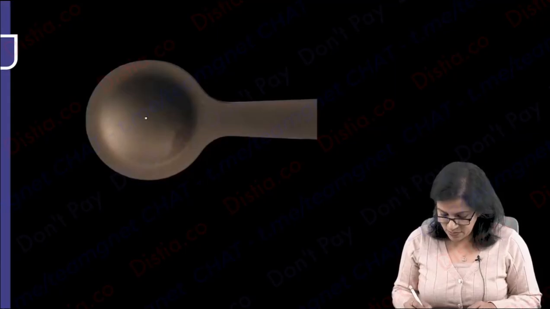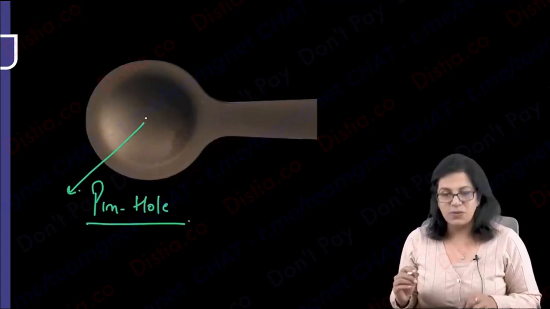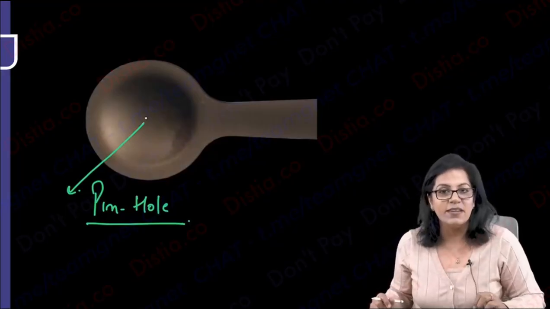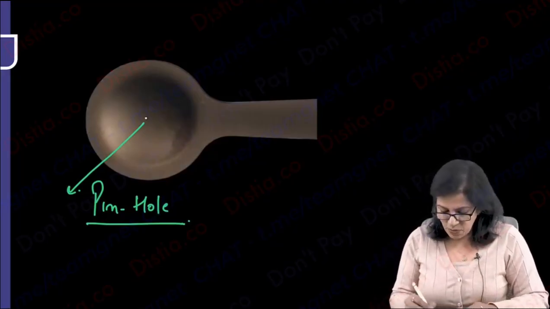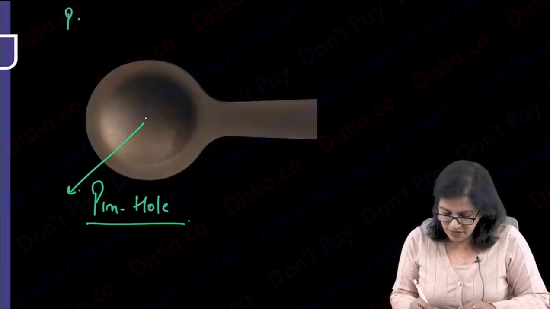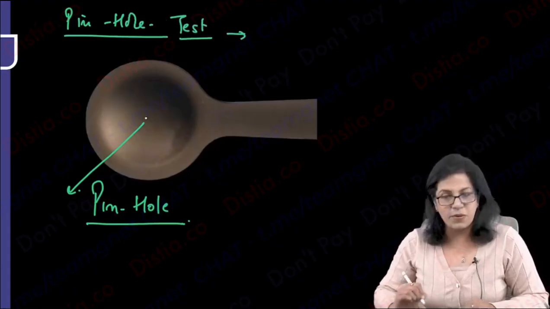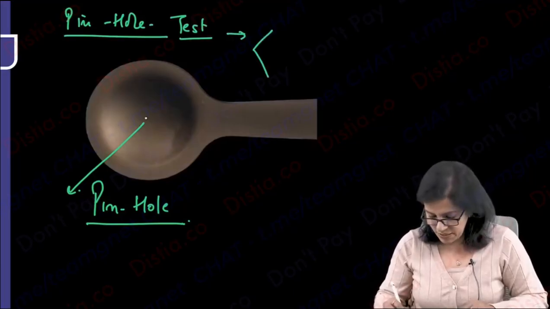You can see the small opening in this black occluder. So this is not an occluder, this is a pinhole. What is the pinhole doing? It is cutting all the peripheral light rays and only the central light rays can pass. So pinhole test is, once you have done the refraction of the patient, or you want to just do the pinhole test and see, looking through the pinhole, is the vision becoming better?